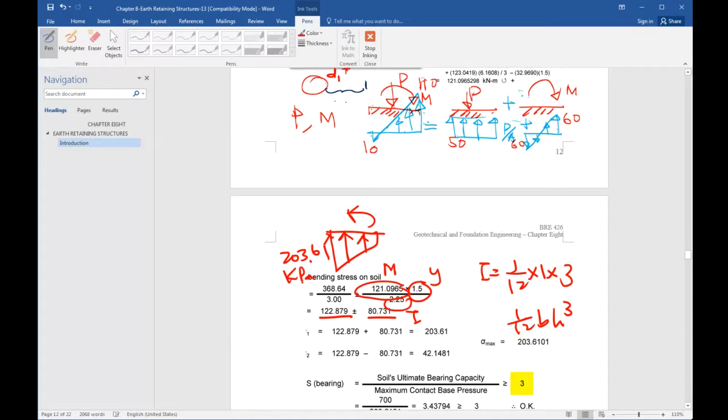That is sigma maximum. And here's the sigma minimum. 122 minus 80 equals 42 something, 5 kPa. So there, the toe will be under a higher soil bearing pressure. Okay.